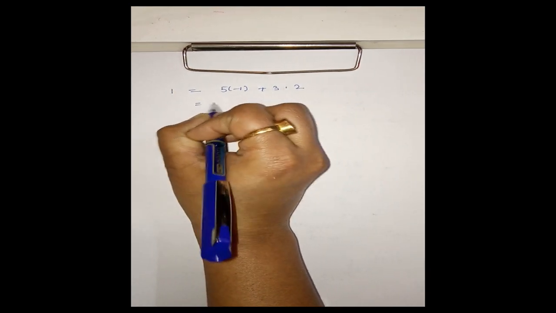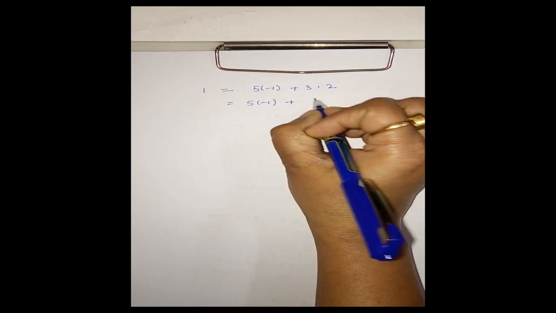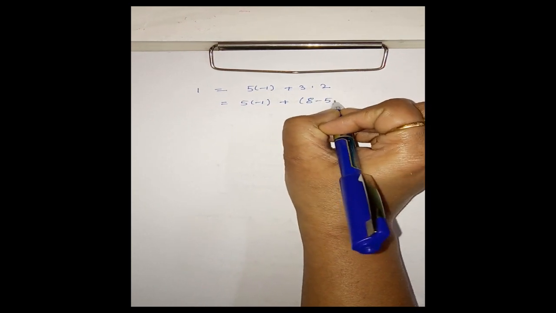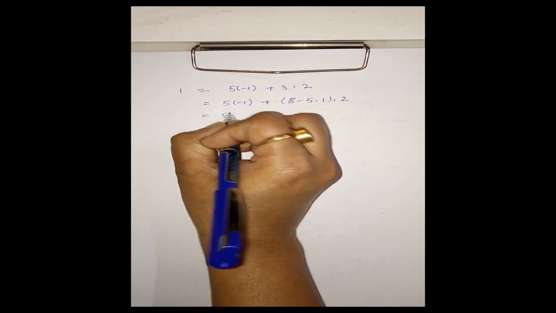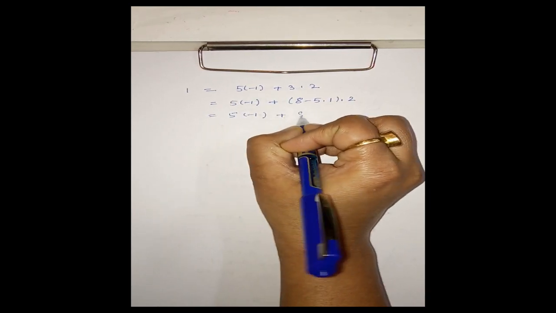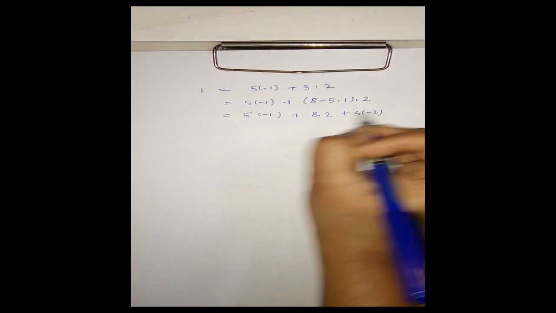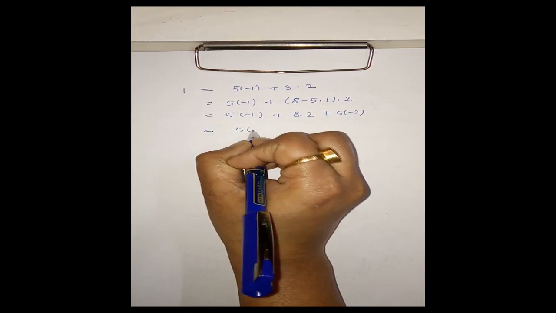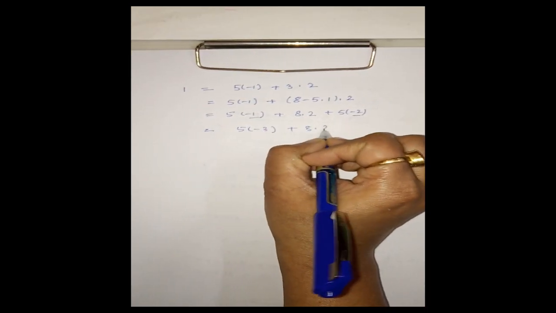Okay, now this is same as 5 into minus 1. Now 3 can be written as 8 into 5 into 1 into 2. That is, this is 5 into minus 1 plus 8 into 2 plus 5 into minus 2. Clear? That is, this is 5 into minus 3, this minus 1 minus 2, and plus 8 into 2.